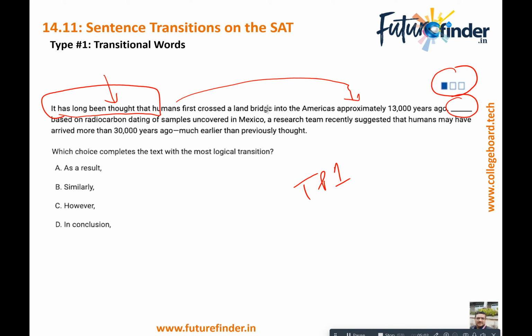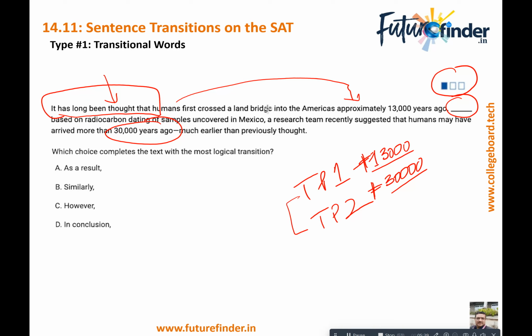Based on radiocarbon dating of samples uncovered in Mexico, a research team recently suggested that humans may have arrived more than 30,000 years ago. Wow. So there's a second thought process too: instead of the long-held 13,000 years ago, they are now trying to establish that humans must have come 30,000 years ago. So I'm quite sure this is a contrasting relationship between thought 1 and thought 2.